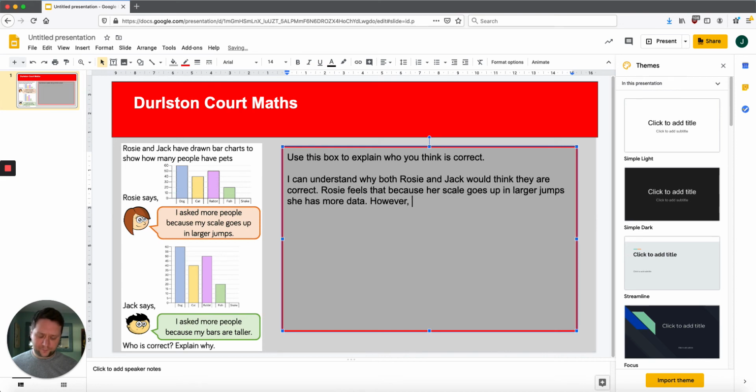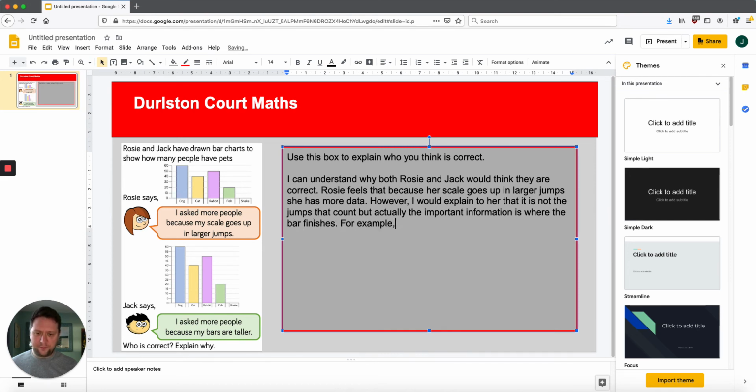However, I would explain to her that it is not the jumps that count, but actually the important information is where the bar finishes.